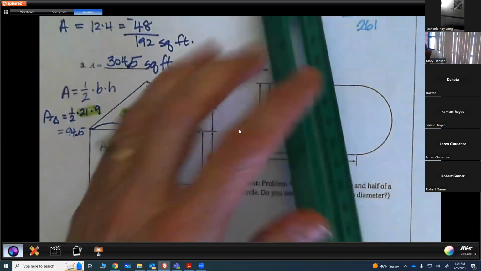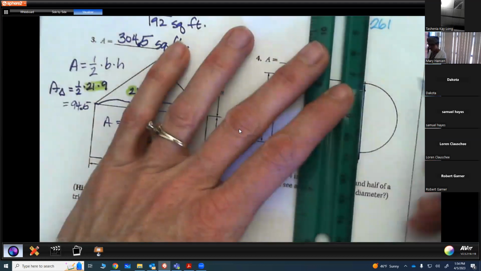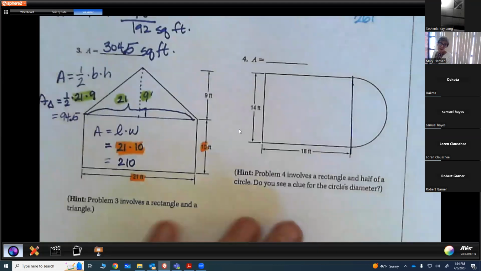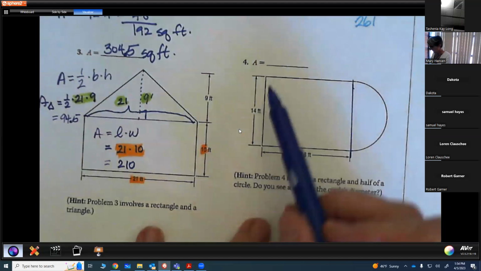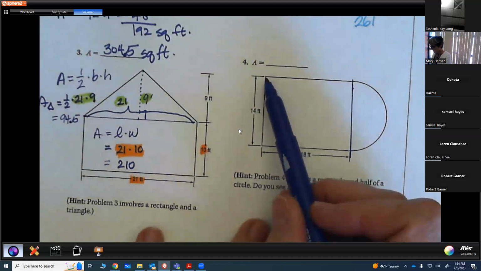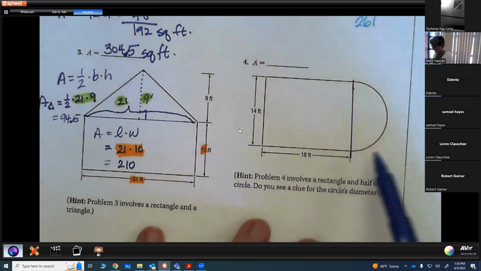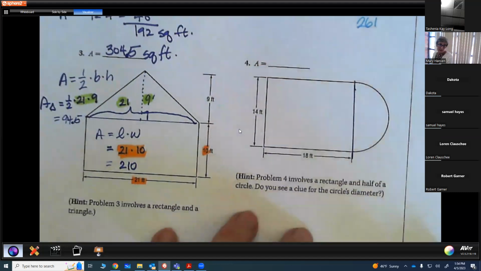What they're communicating to us is that's where we should draw our half circle. This problem you can't do by subtraction, really, because you'd be taking a big rectangle and subtracting out half. No, that wouldn't work. You're going to have to do this one by addition.